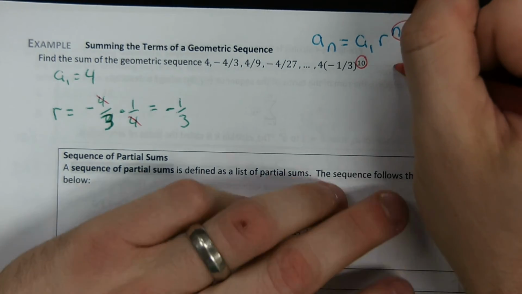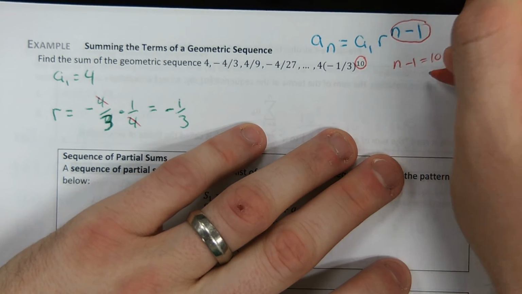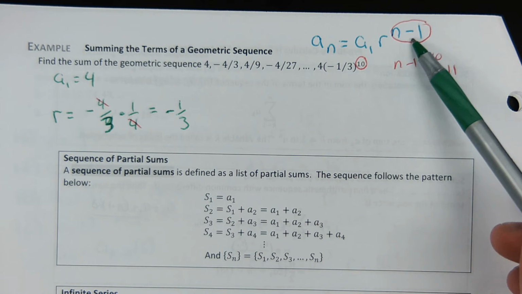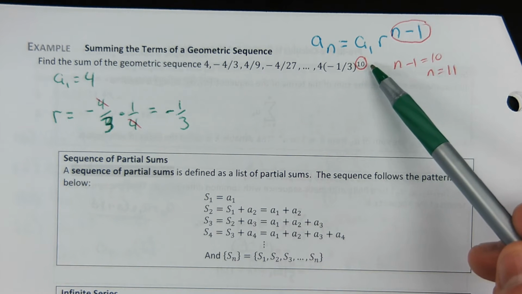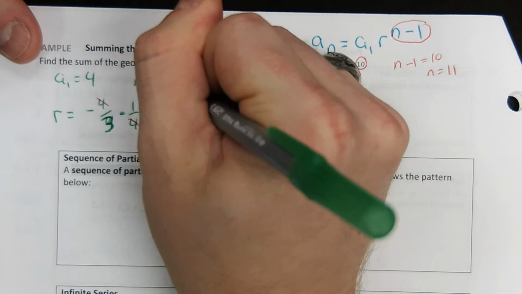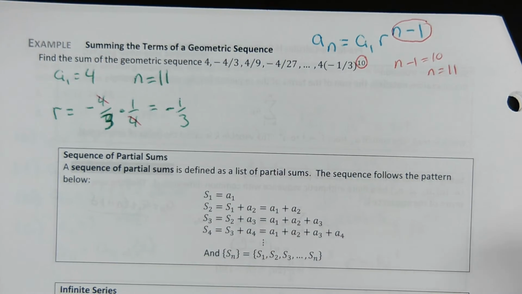N minus 1 equals 10 tells you that n is 11. So we know n is 11.